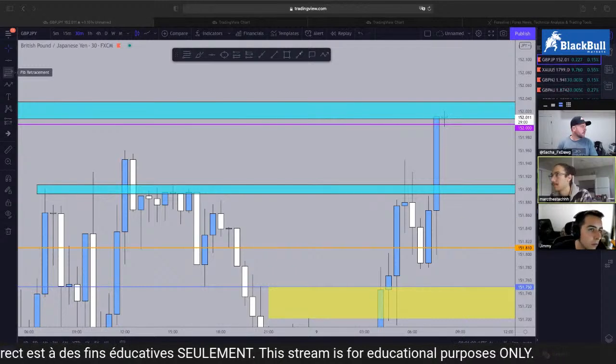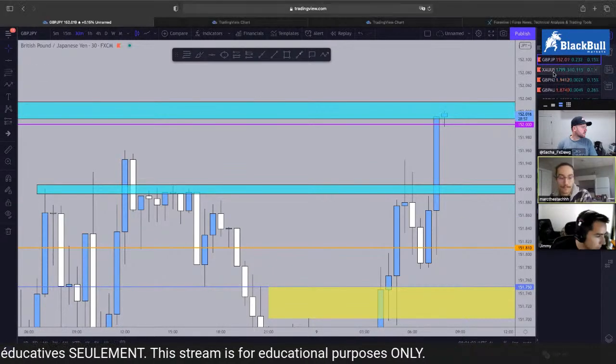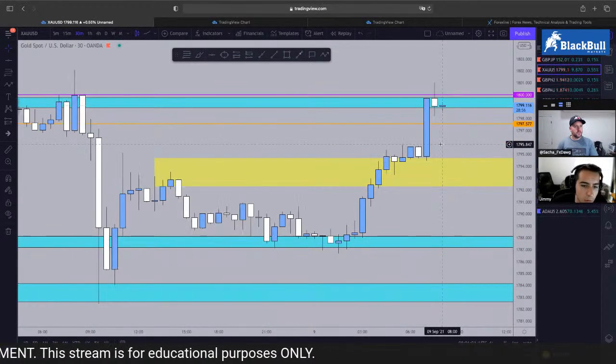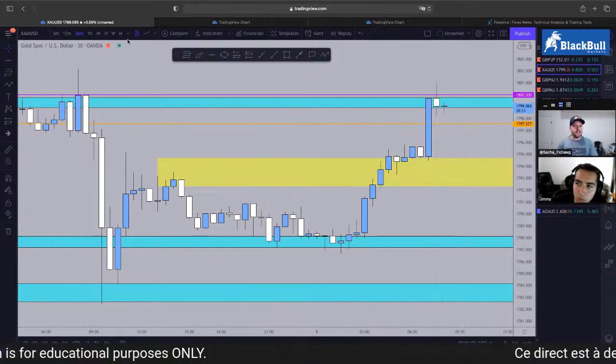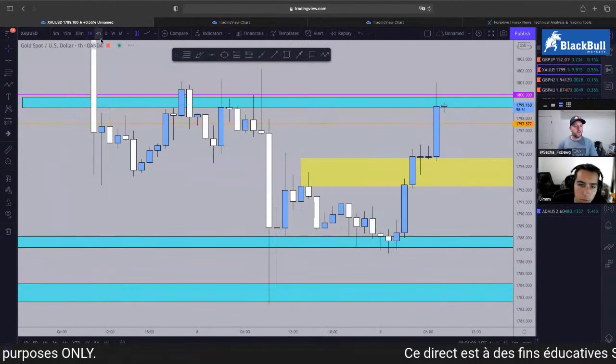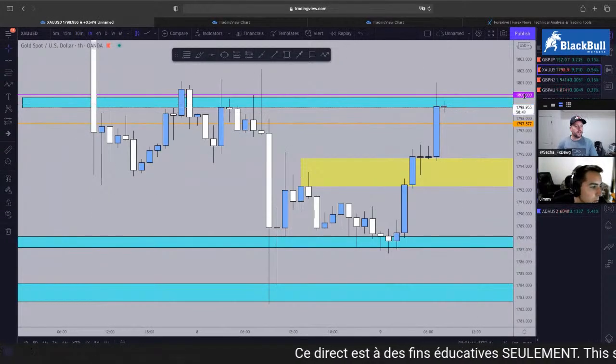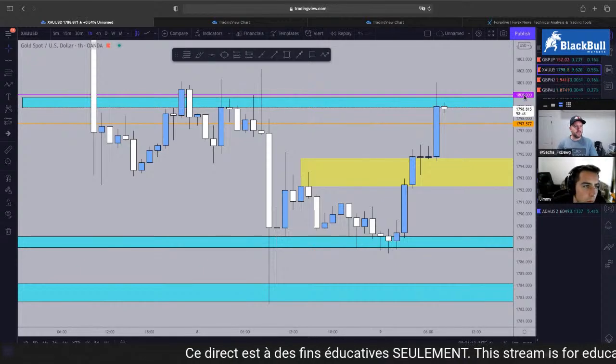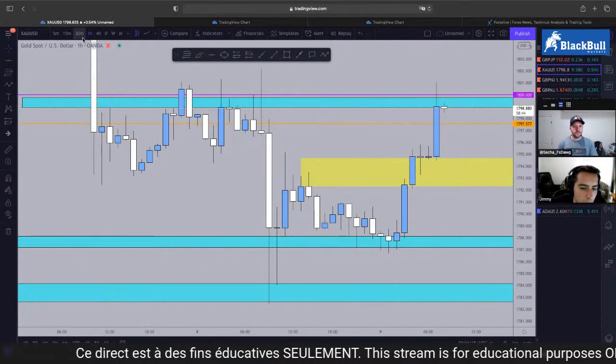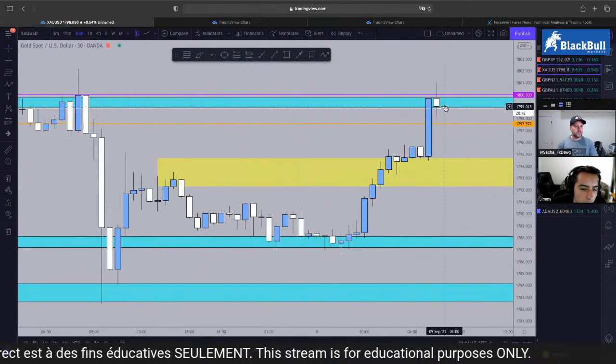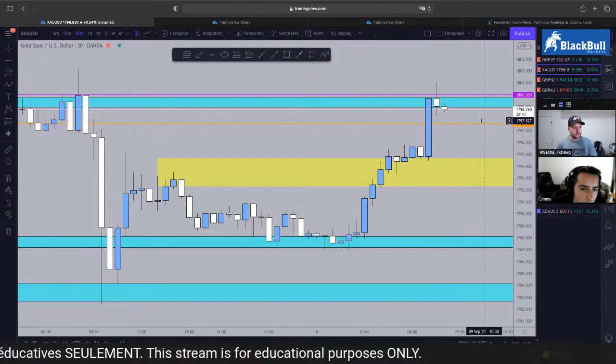As for gold, look at this 1 hour. It closed right at this 1800 key level. The 30-minute closed small, doji-ish bearish also.